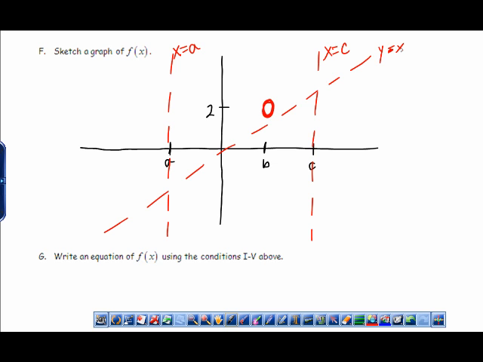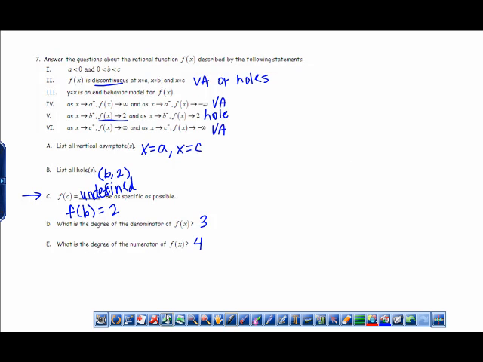And so let's think about what else we know or what else could be. They didn't tell us anything about our x-intercepts, okay? So we don't have any other points. But what they did tell us was the behavior right around our vertical asymptotes. They said on the right side of A, the graph is going up, and on the left side of A, the graph is going down.